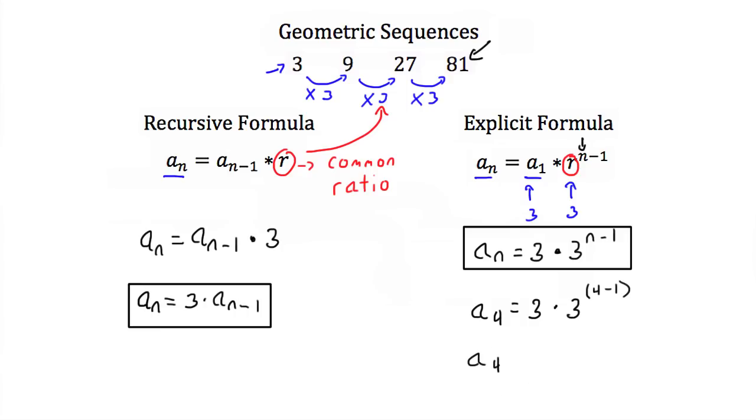So our fourth term then is just 3 times 3 cubed. Now 3 cubed is 27. And 27 times 3 is indeed 81. So our fourth term would be 81, which we know it is. So that's how you can write recursive or explicit formulas for a given geometric sequence.